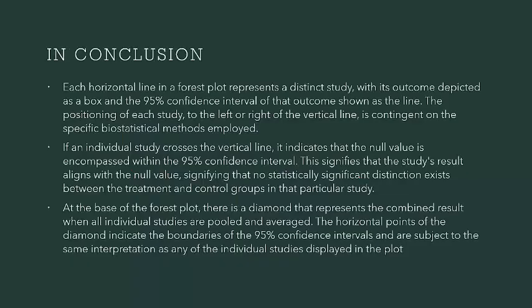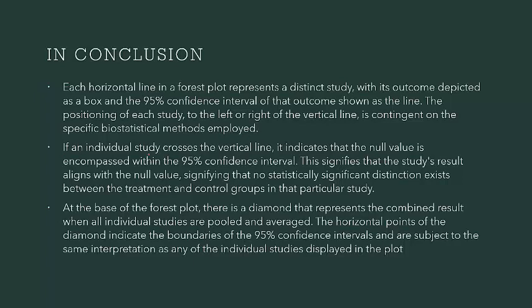So in conclusion, each horizontal line in a forest plot represents a distinct study with its outcome depicted as a box and the 95% confidence interval of that outcome shown as the line. The positioning of each study to the left or right of the vertical line is contingent on the specific biostatistical methods employed.